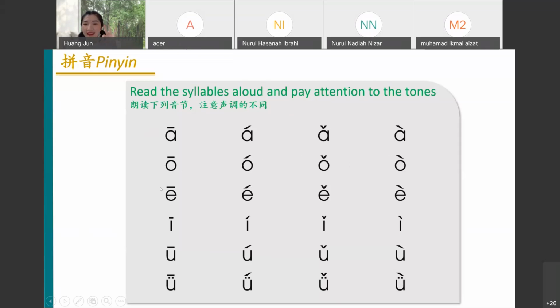Then group 3, still the same. Listen to me first. Good. Then we repeat again. Okay, so you have to read it in a loud voice so you can remember it. Very good.